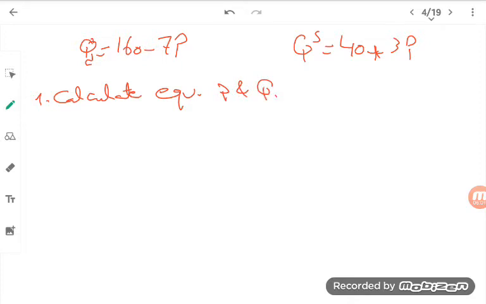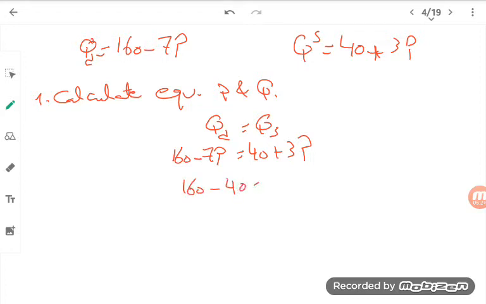In order to find equilibrium, we are going to solve the two equations simultaneously. So QD equals QS, 160 minus 7P equals 40 plus 3P. So 160 minus 40 equals 7P plus 3P. 120 equals 10P. Price equals 12.